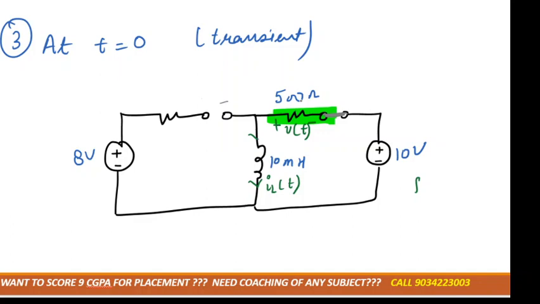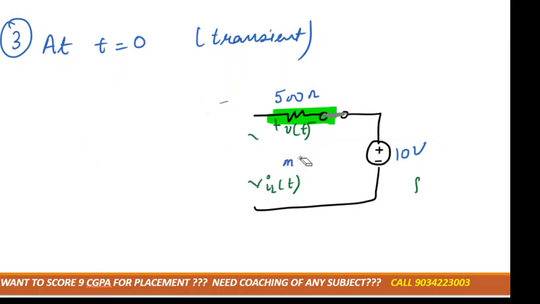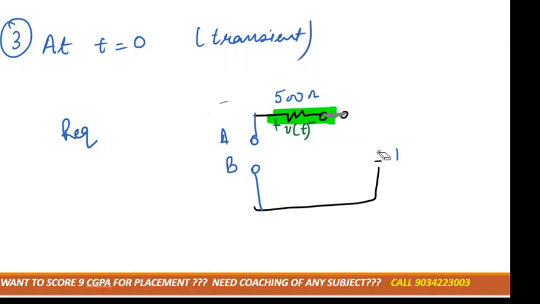So for this, again, there is no role of this voltage source, so we have to delete it. And the inductor would be an open circuit, right? And we have to mark A and B terminals for R equivalent. And again, if there is a voltage source it must be short circuited. Remember, current source open and voltage source short. So there is only a single resistance. R equivalent we got as 500 ohm.